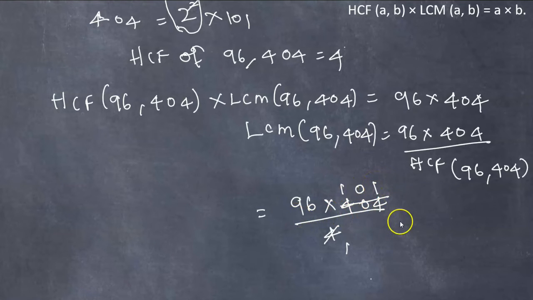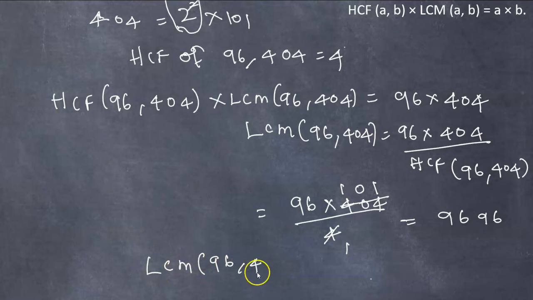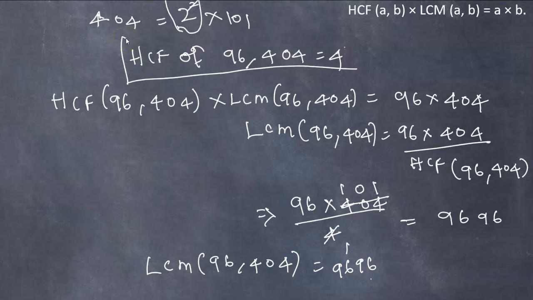So 96 into 101 equals 9696. The LCM of 96, 404 equals 9696. So we have found the HCF and we have found the LCM.